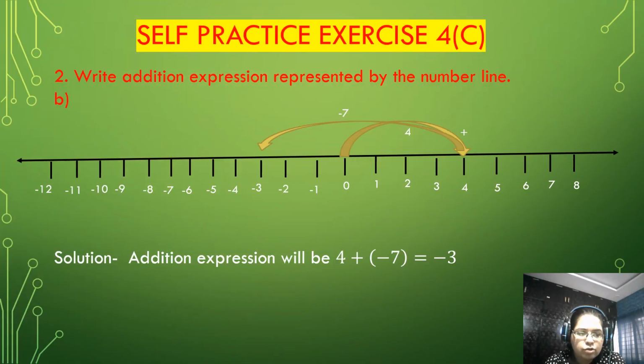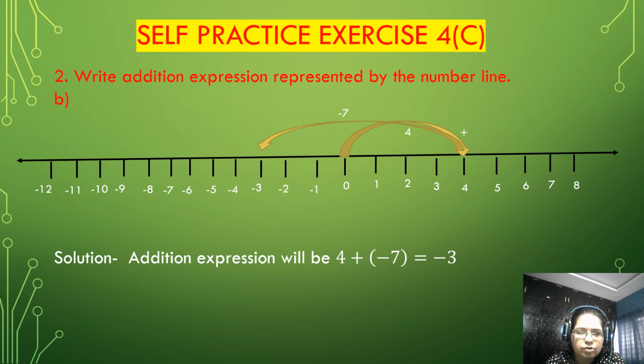Now we solve question number 2 part B, and this is the given number line. Starting from 0, the number goes to the right hand side 0 to 4, 4 places. Distance from 0 to 4 is 4, and from 4 the number goes to the left hand side with 7 places. As it goes to the left hand side, the minus sign will be there, so minus 7.